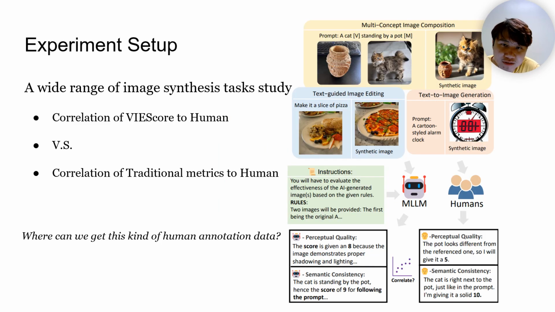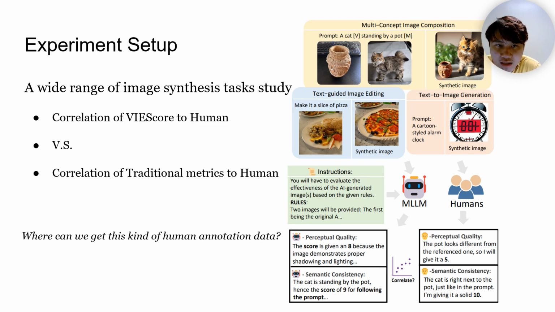To comprehensively test this method out, we conducted a study on a wide range of image synthesis tasks to compare the correlations. The goal is to find out whether at the current stage we can replace the traditional metrics with our proposed VIEScore in image evaluation tasks. So the flow is like the figure on the right.